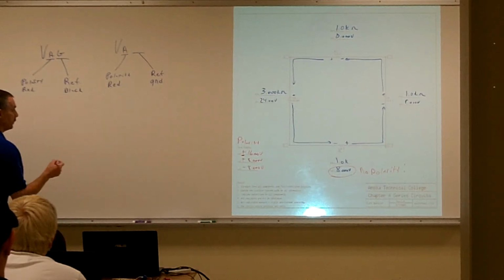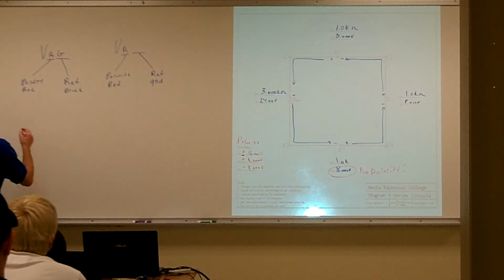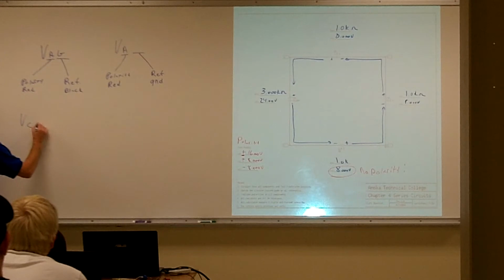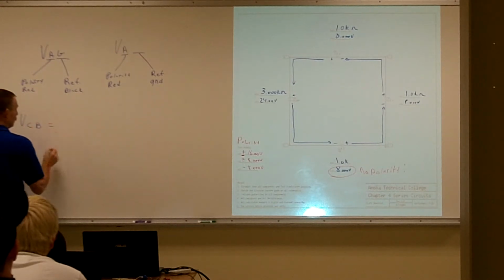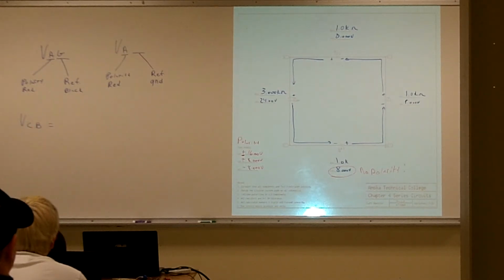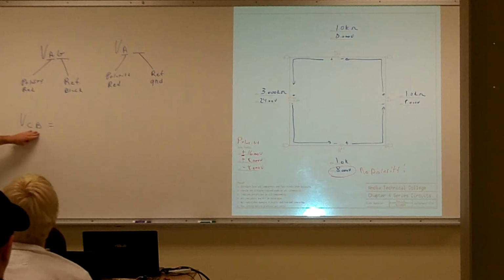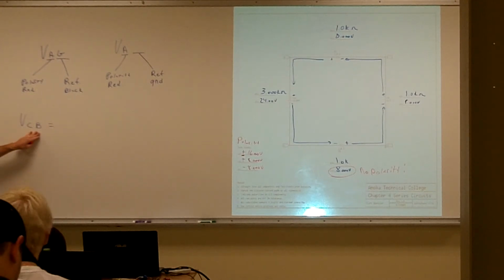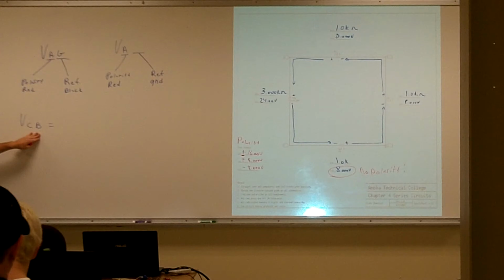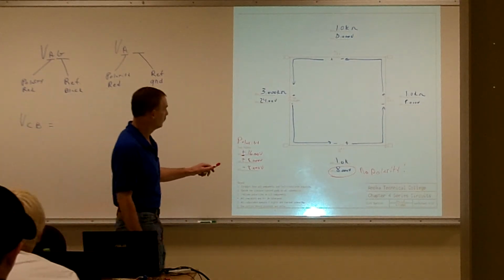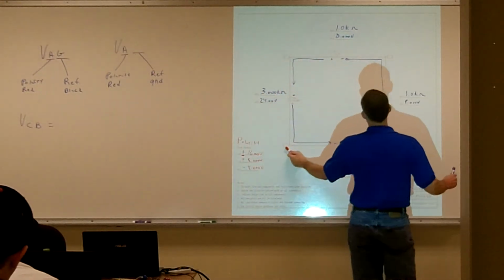So what would be my voltage at VCB? What would that equal? Negative 16. Okay? So my red lead goes where? On C. Okay, and my black lead goes where?